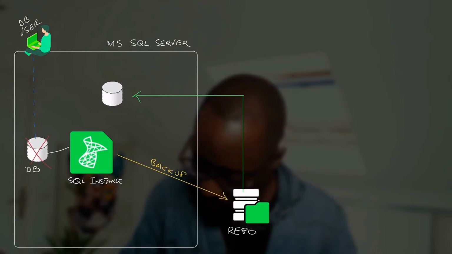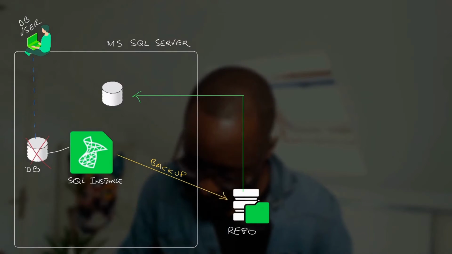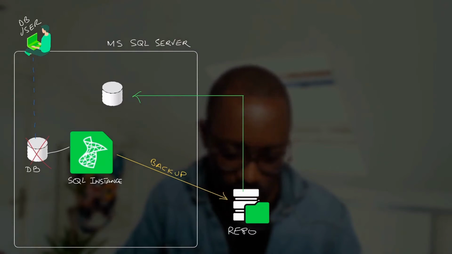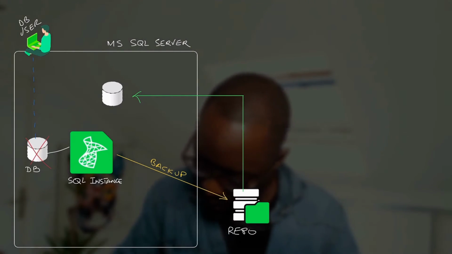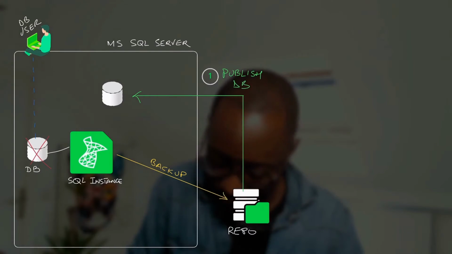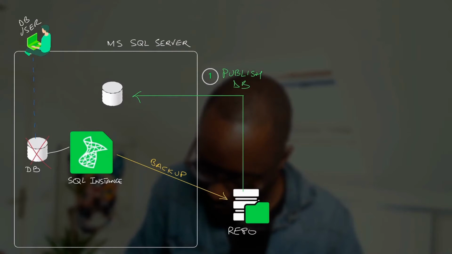So, we will execute it directly from the backup, and this first step is one that we call publish, the publication of the database. So here we are going to publish the database, step by step, so that here is the published database that contains all the necessary files.